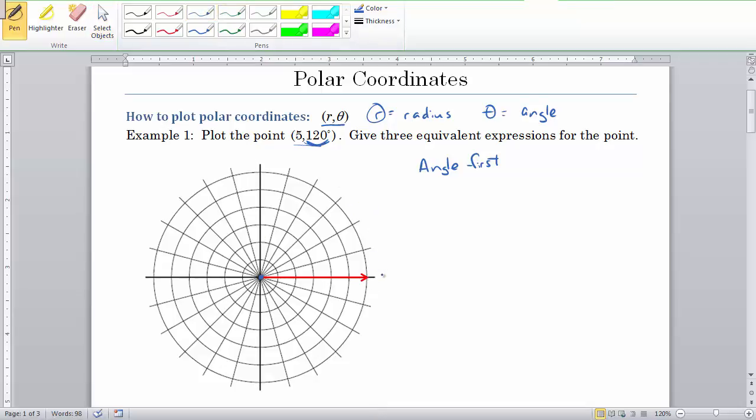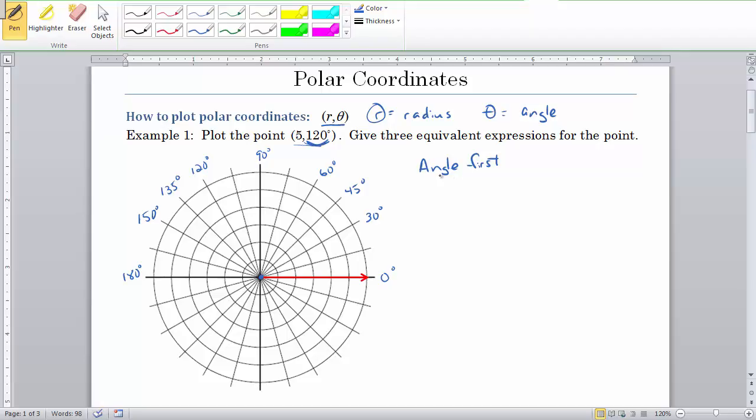Since I'm in degrees, I know this is 0 degrees and this is 90, 180, and so forth. So what are these tick marks in? 1, 2, 3... there's 6 of them, so that is every 15 degrees. So that's going to be 30, 45, 60, 75, 90, and so forth. So let's just label the ones that we're familiar with, and I think that's going to help a lot.